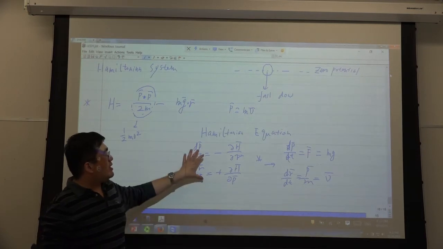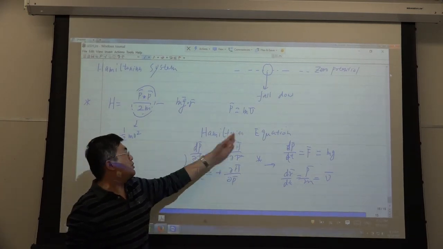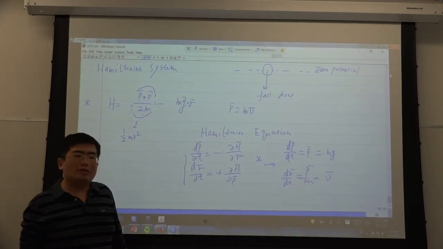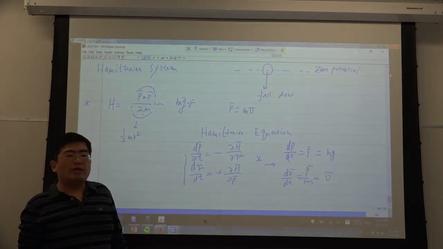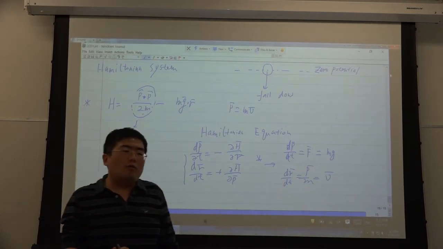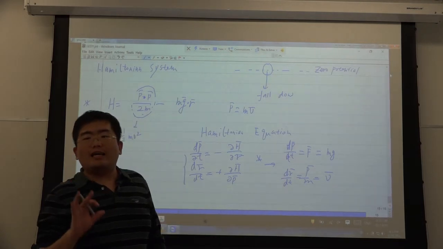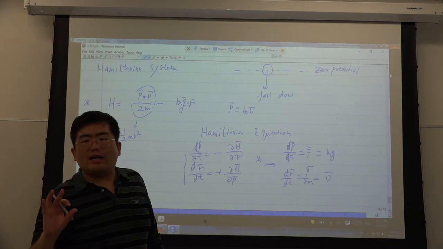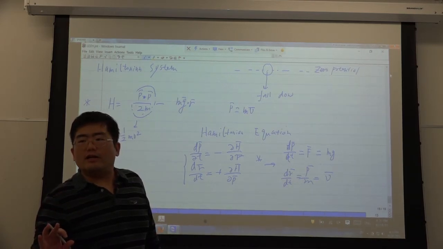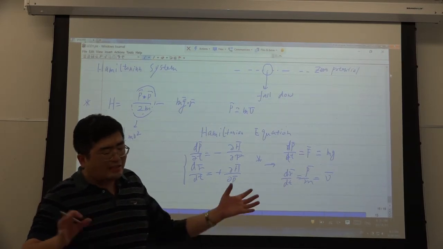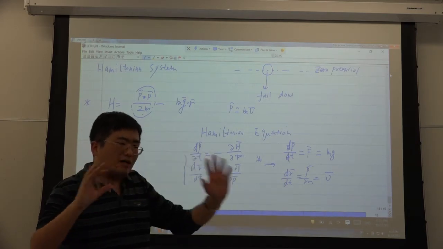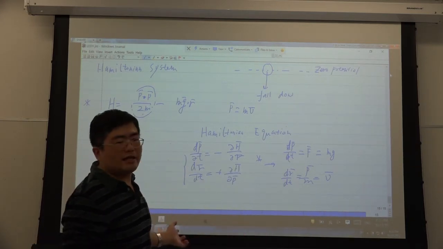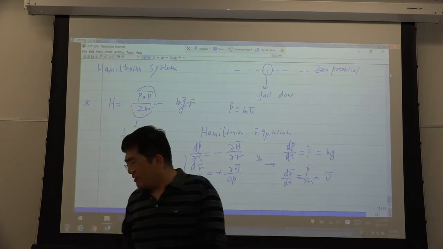You can see this Newton equation can be written in a very elegant form, called the Hamiltonian equation. This form can be used for any system, if the system has a conservation property. If the system energy is conserved, you can use it. So this is very important.